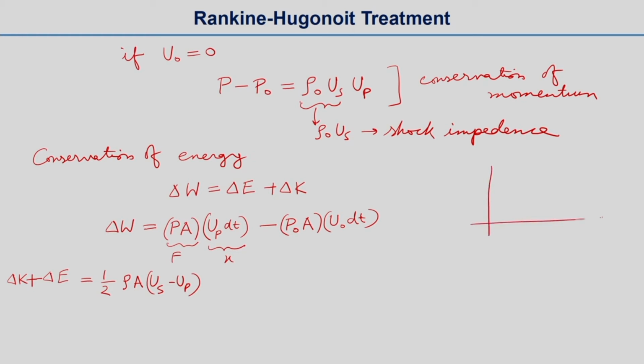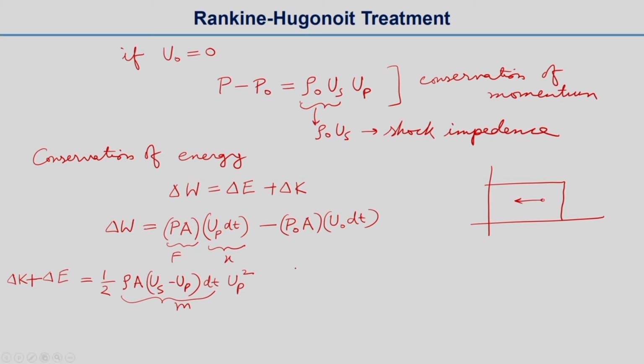If you draw this shock front again, this way we are showing the kinetic energy, this is the m, and v squared is up squared.